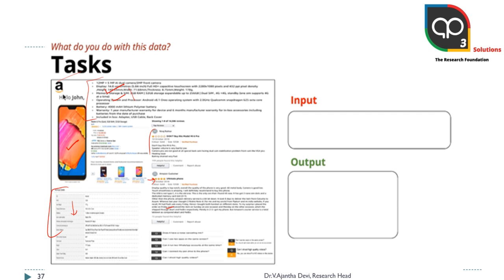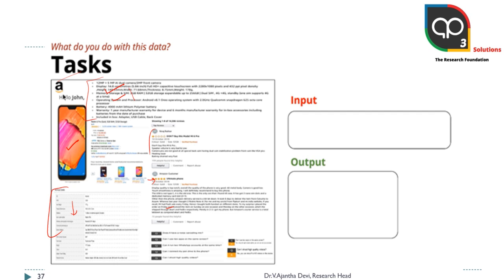Some descriptions are given by the vendors, and remember, dear friends, Amazon is a marketplace. So some vendor would have posted this product and also given some description about it, which is a bit unstructured but may also have some structure in it.